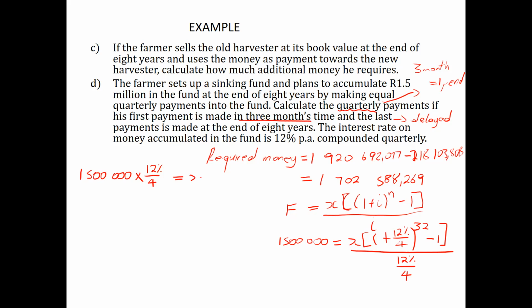I started first by multiplying both sides by 12% over 4. And then I'm going to divide by this whole bracket here because I'm trying to isolate x.